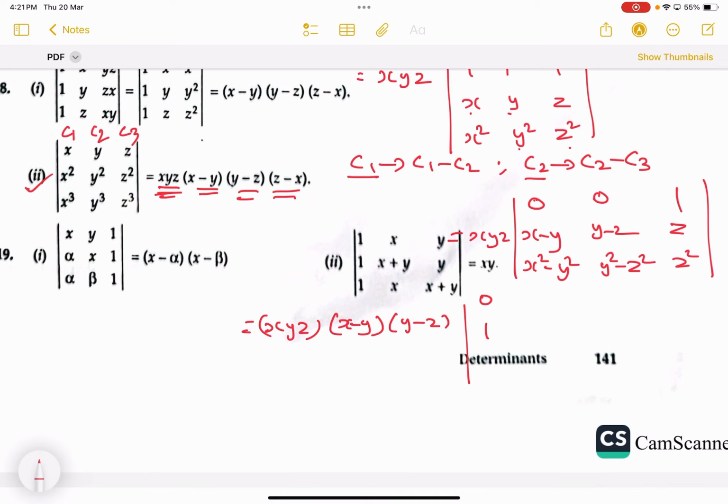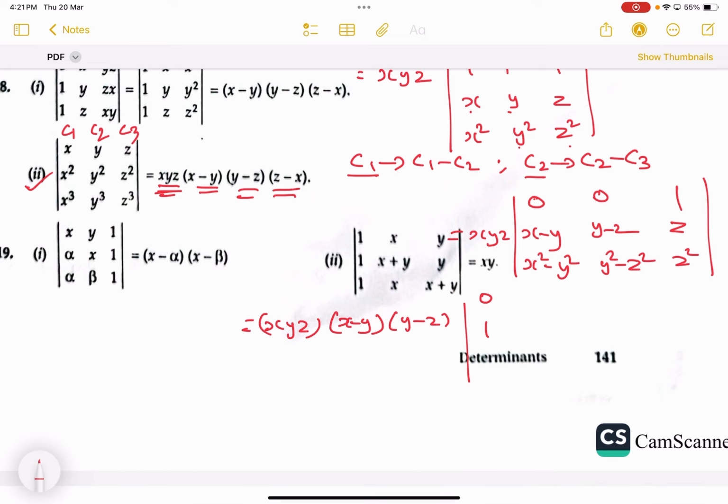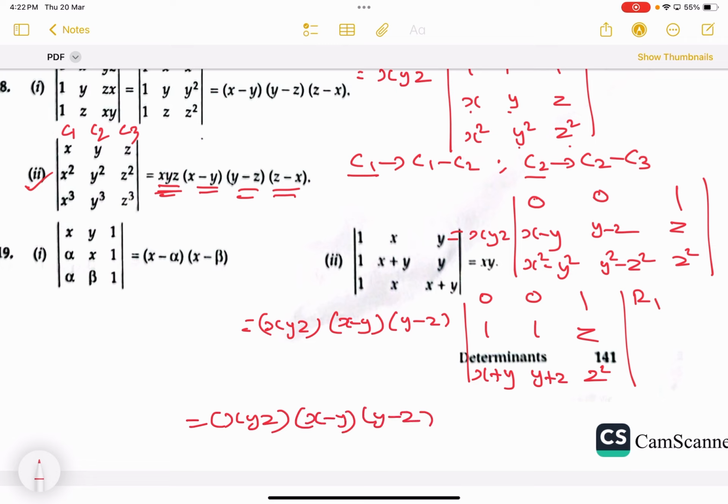Okay, Nafisa, you tell now. From column 1, I have taken x minus y outside. So what will the elements be? 0, 1, and what will be the last element? X plus y. Very good. Column 2, y plus z: 0, 0, 1, y plus z. And this will be the same, correct? Z, z square. So now, based on row 1, you expand, because in row 1 two elements are already 0. Eliminating this row and column, only this determinant remains.